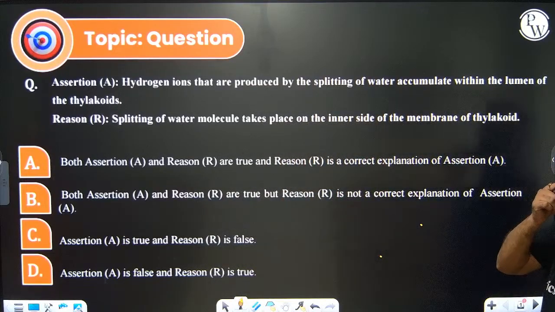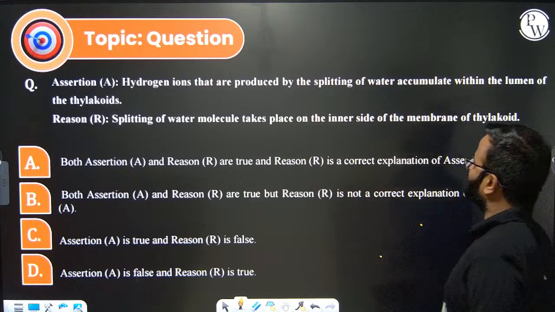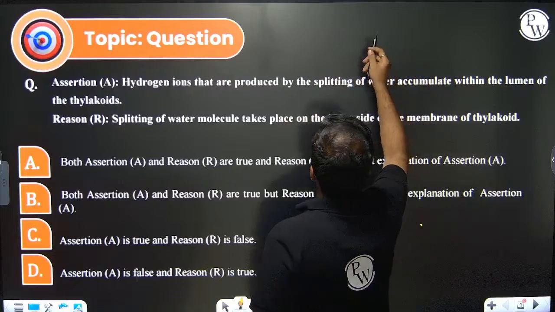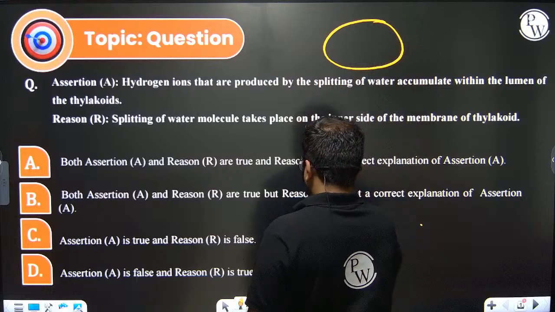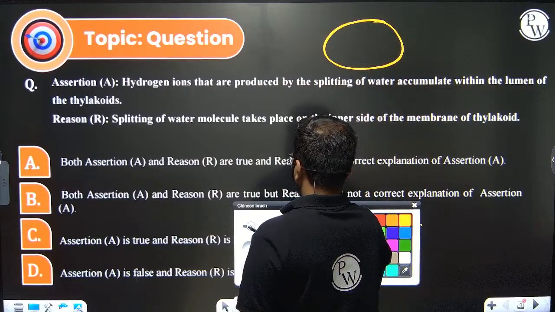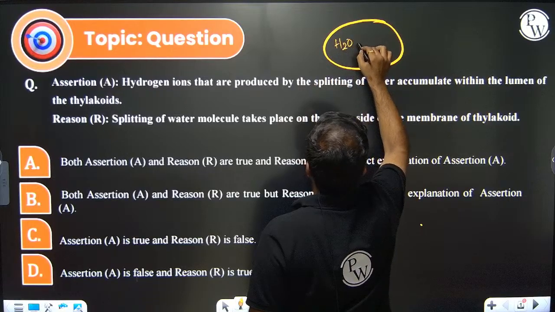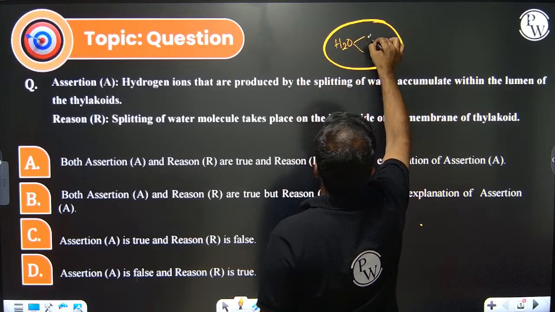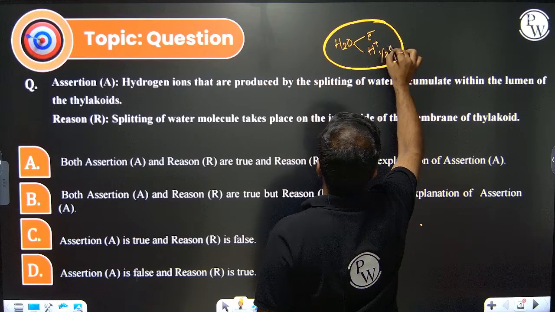What is the assertion? Hydrogen ions that are produced by the splitting of water accumulate within the lumen of the thylakoids. As you know, photolysis occurs in the lumen of the thylakoid, where water is split into electrons, protons, and a nascent oxygen.